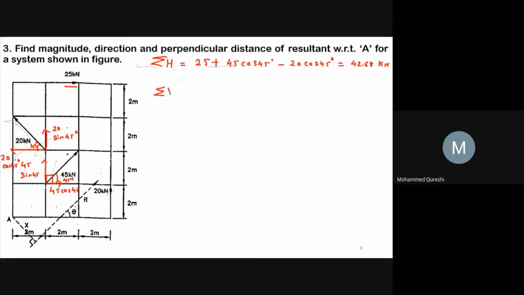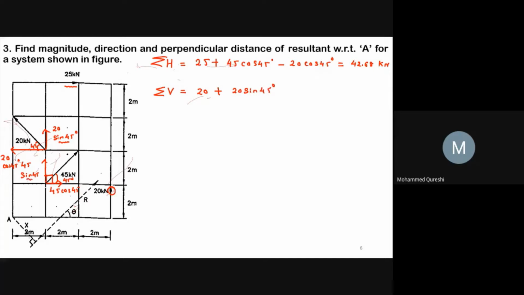Now we will go for the summation of all the vertical forces. Here the vertical force 20 is going upward, so plus 20. Then the vertical force 20 sin 45 is going upward, so plus 20 sin 45 degree.